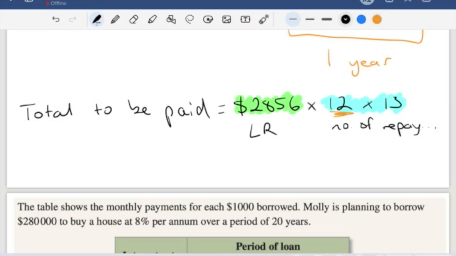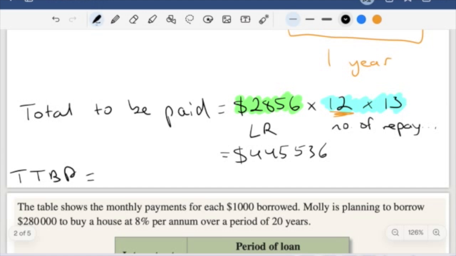Now, once we do that, we get a total amount we have to repay of $445,536 to the nearest dollar. So this is the total to be paid. Now remember, the total to be paid, I'm just going to write this as TTBP, takes into account our principal, the thing we are borrowing, which is the $200,000, plus the interest.